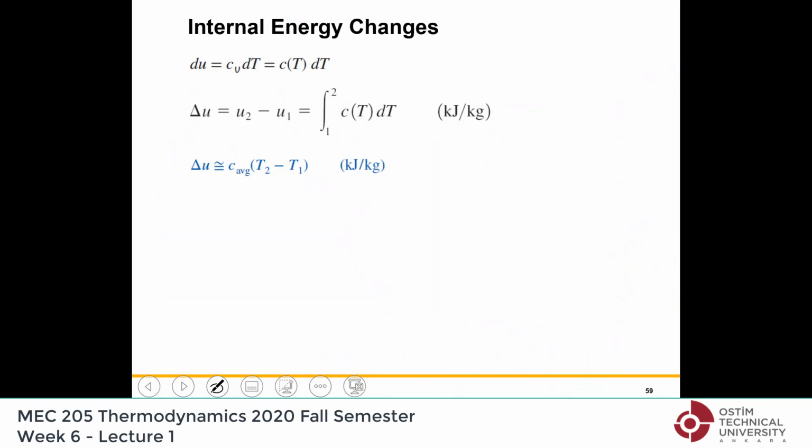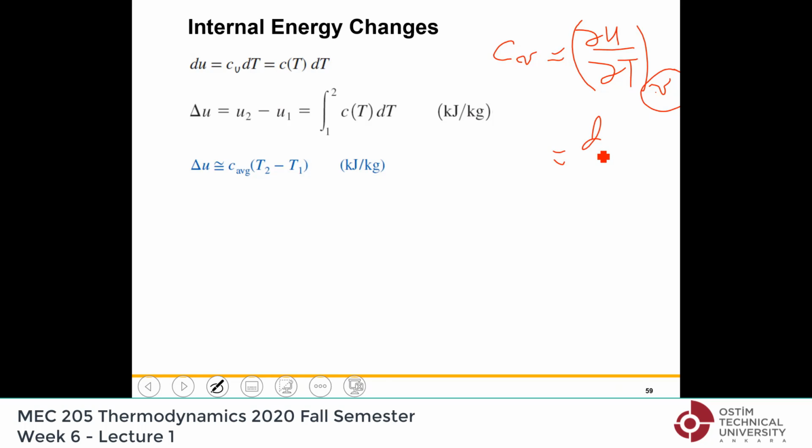And to calculate the internal energy change, now remember the general definition of CV was du partial derivative dt at constant V, but the V is already constant anyway, doesn't change.